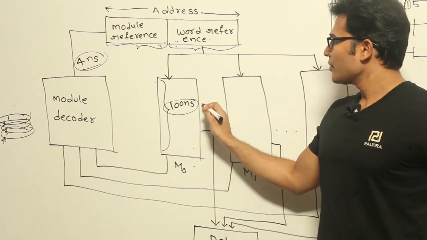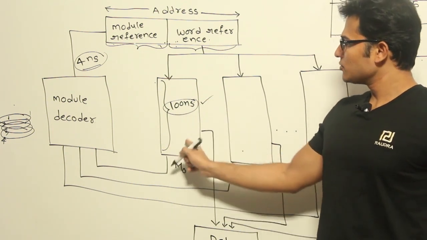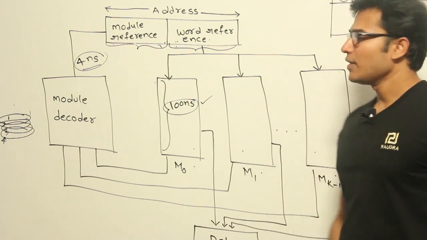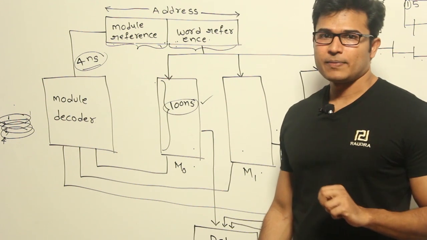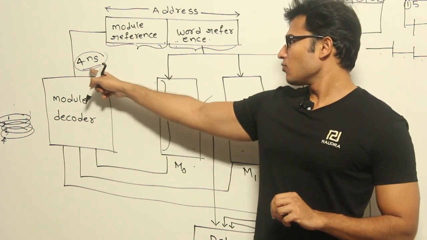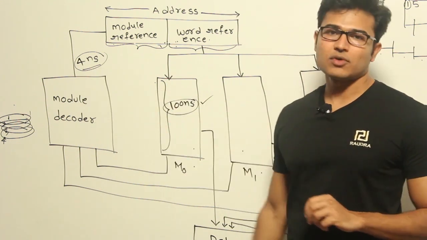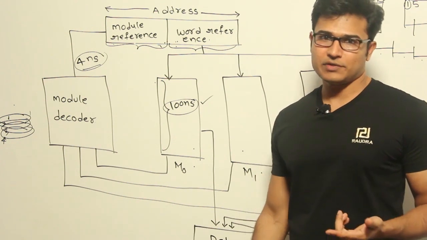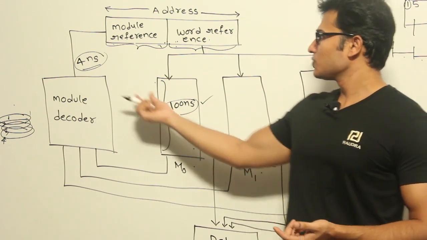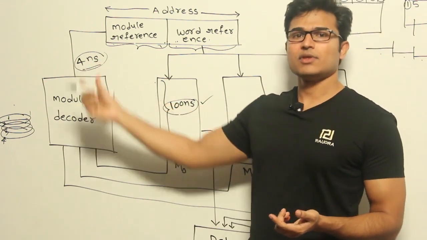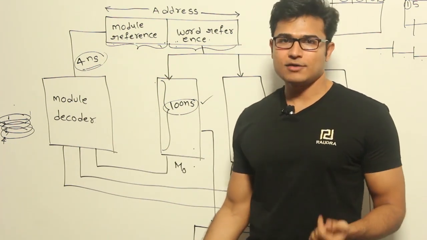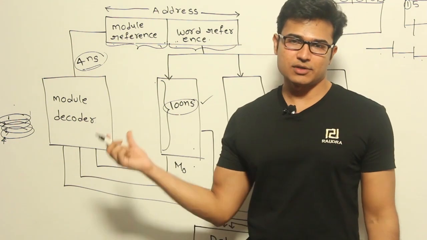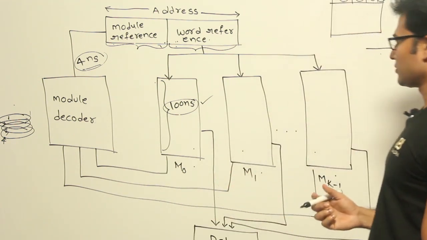Let us say the memory access time of each module is 100 nanoseconds, then the total time required to read one word is 4 plus 100, which means 104 nanoseconds. It might feel that this 4 nanoseconds is an overhead, but when you think about reading many words in parallel, you will see the performance and the efficiency here. Now just see this.